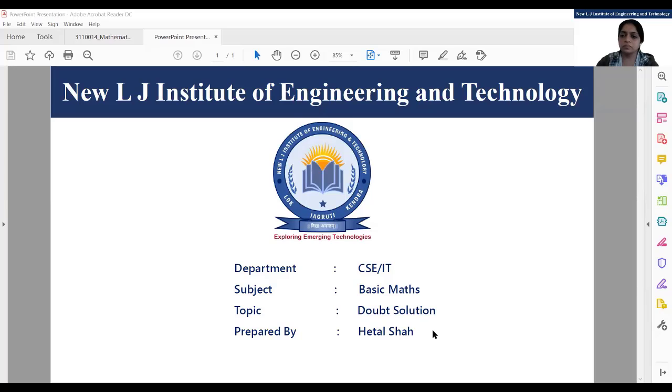Ma'am, yesterday for that limit minus 1 to 1 question you told us that you will explain it in the next lecture. Actually, Yash, yesterday's topic is the basis for Fourier series, so we will learn this type of question in the Fourier series chapter.